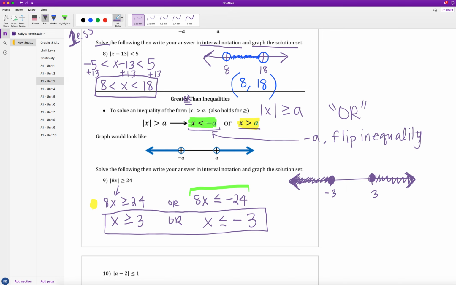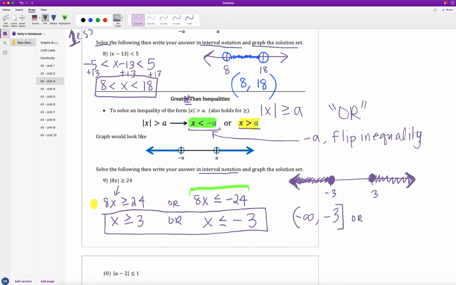The last part we need is that interval notation, and that interval notation will have two parts since I have two parts to this graph. So the piece on the left will say negative infinity, since that's the smallest, comma, -3. Remember, anytime we have an infinity, it's always a parenthesis. It's always a parenthesis with positive or negative infinity. And then on the -3, since we have a closed circle, it's going to be a bracket.